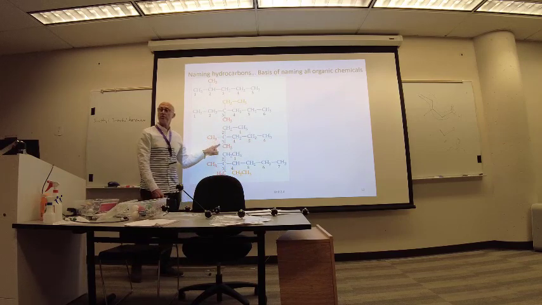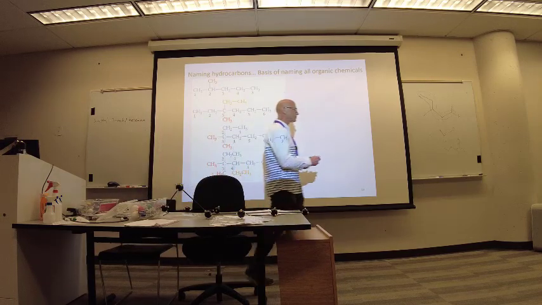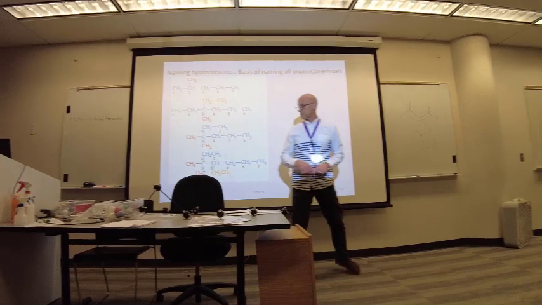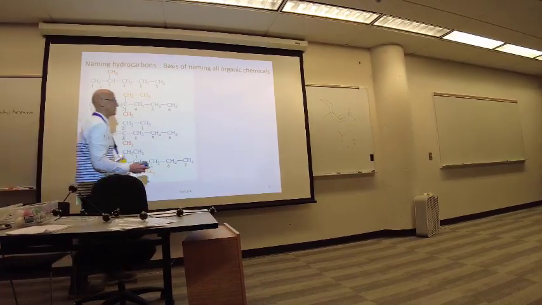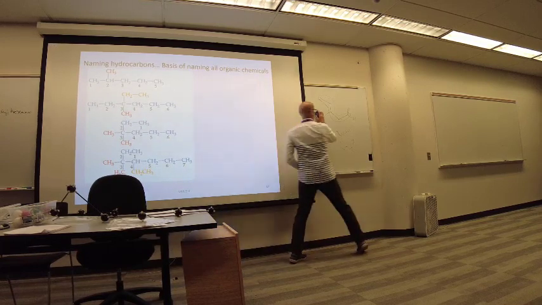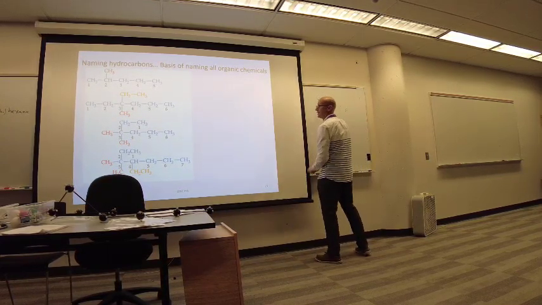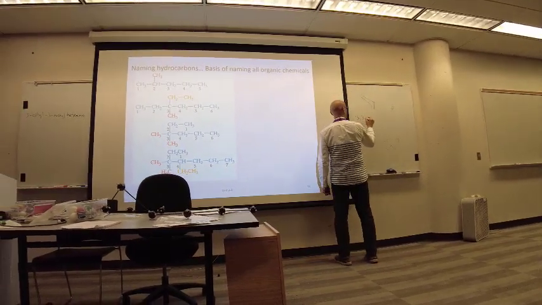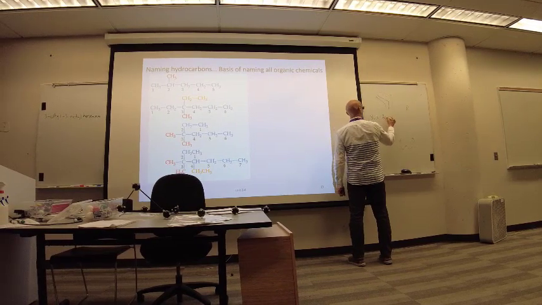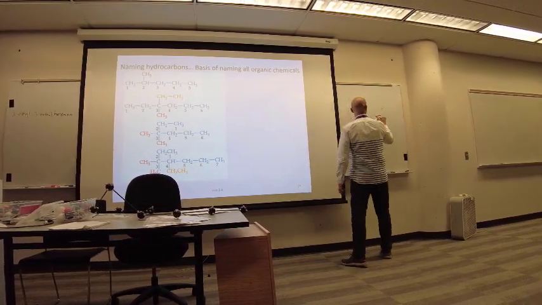So now, how do we do this when we have a replicating branch? Right? So I'm going to show you that part. That's where the comma comes into play. Ready? That one is 3,3-dimethyl hexane.